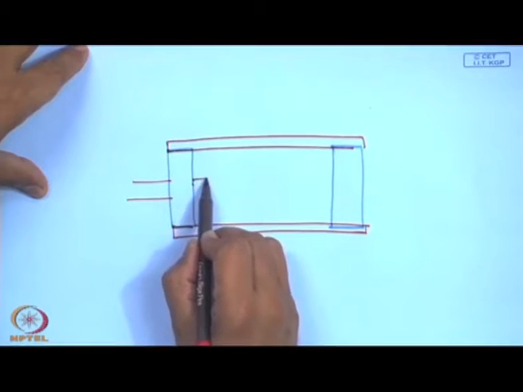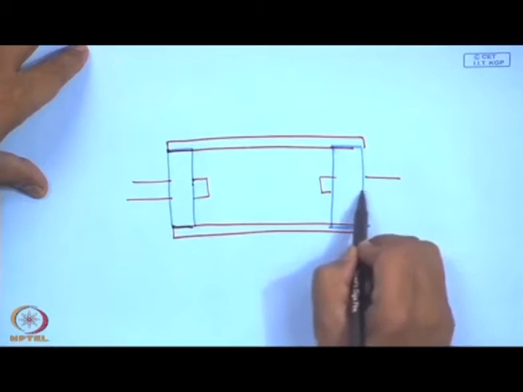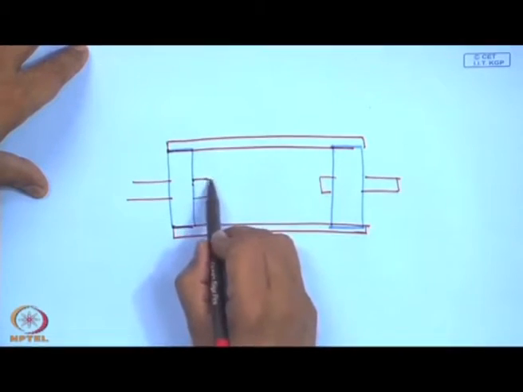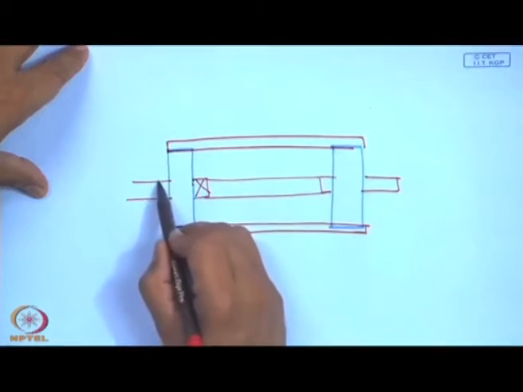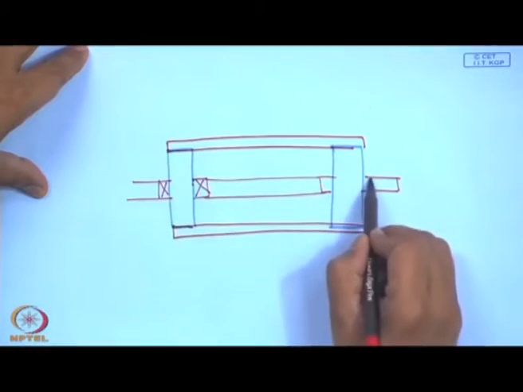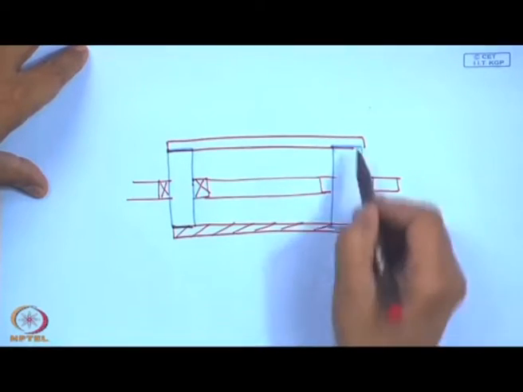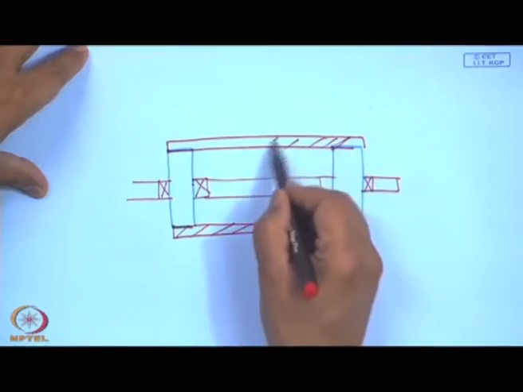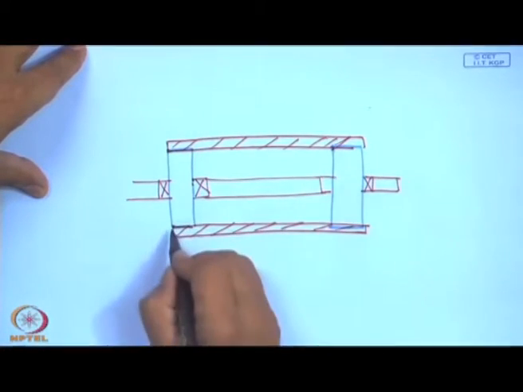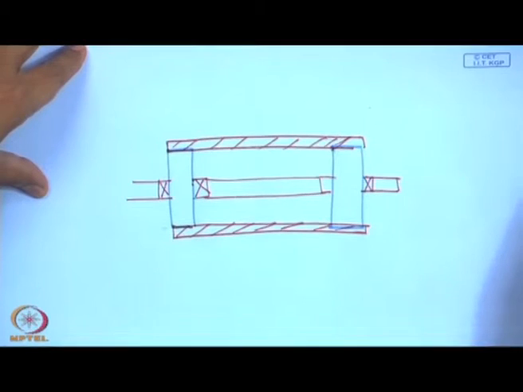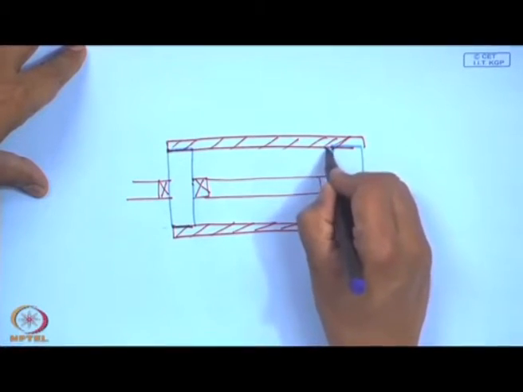Sometimes it is right here or sometimes it is through and through also. And then there are bearings. Okay. So, many a times in these areas welding is done. This is one area where welding is done.